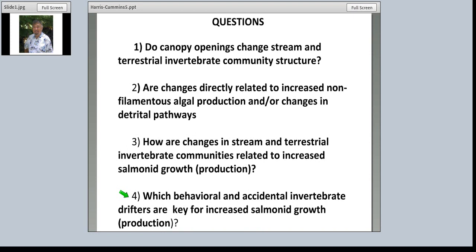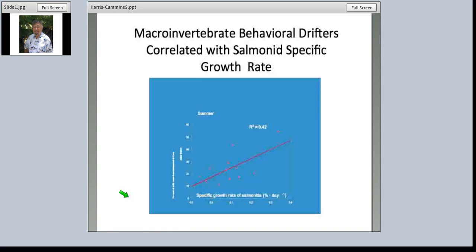So this regular pattern of being in the drift at dawn and dusk, which of course corresponds with the major feeding times of salmonids, dawn and dusk, means that enhancing that portion of the invertebrate community seems to have probably the most influence on changing the growth rate of the salmonids.